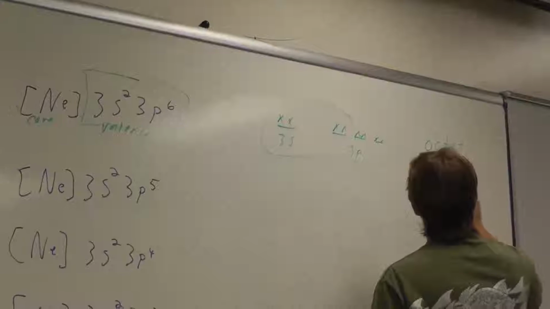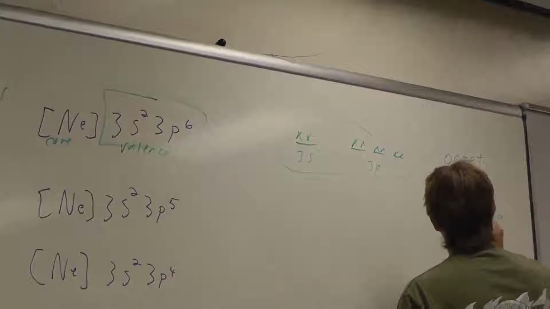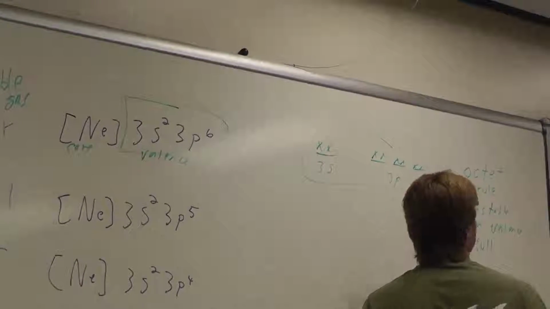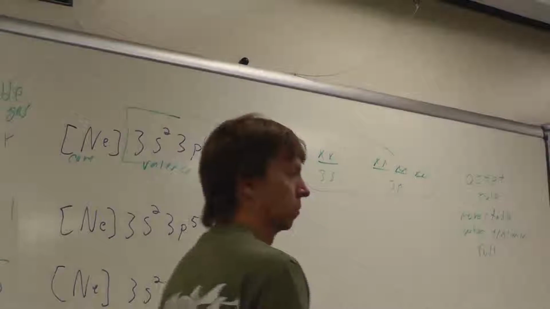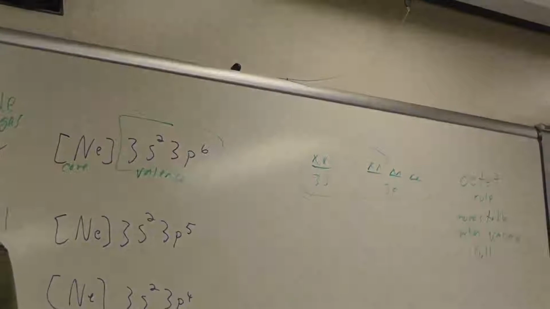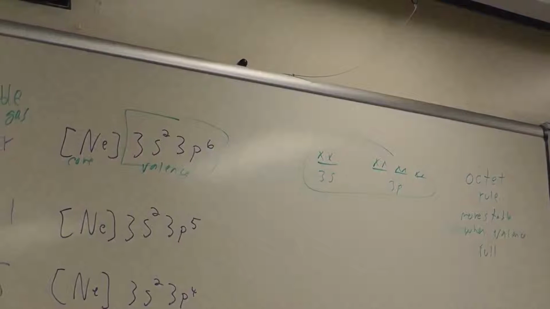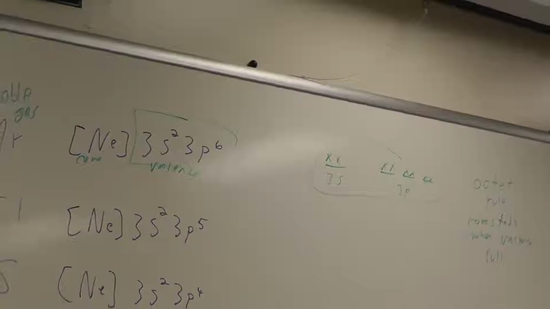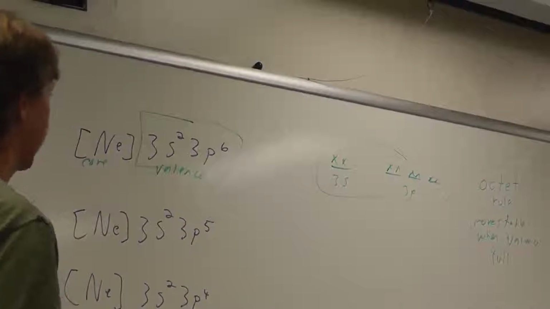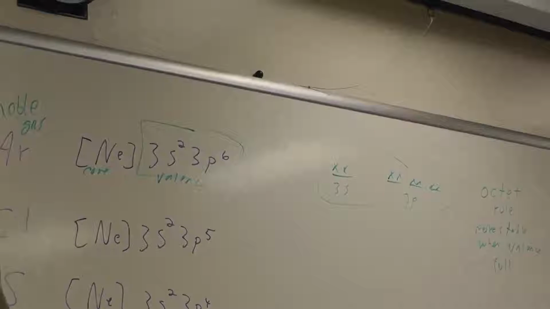More stable when valence is full. Atoms are more stable when they have the valence shell filled, and it takes 8 electrons to get the valence shell filled. So that's why argon is so unreactive.